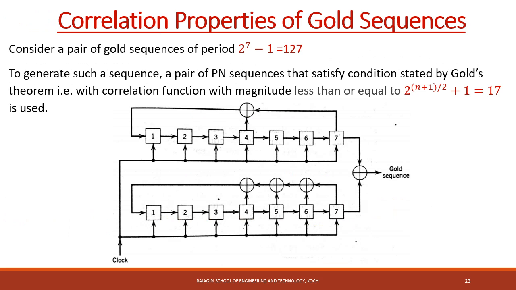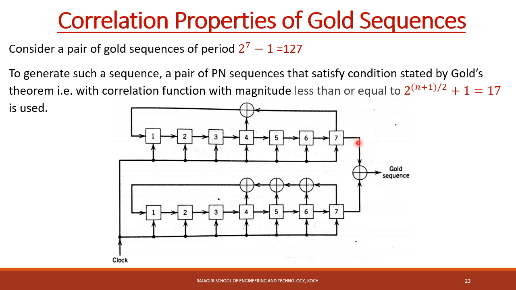So when you consider Gold codes, we are generating the Gold code using the modulo 2 addition of two separate PN sequences. That is a PN sequence generated by 7, 4 and a PN sequence generated by 7, 6, 5, 4. And the resultant sequence which is obtained is called the Gold code.